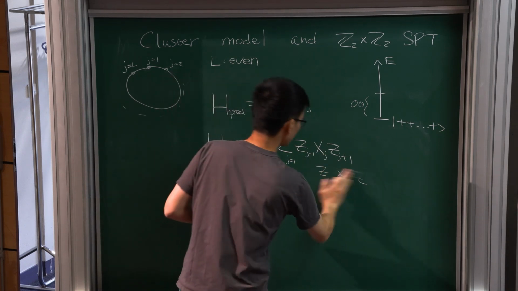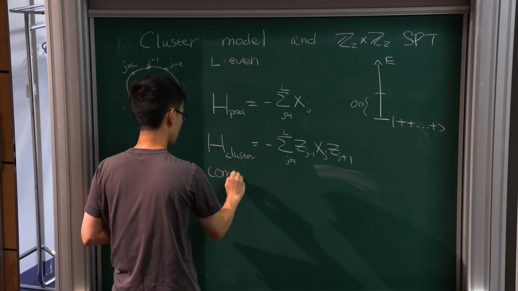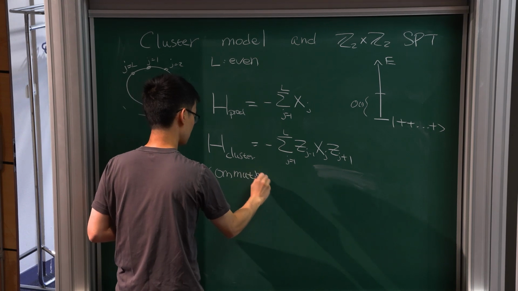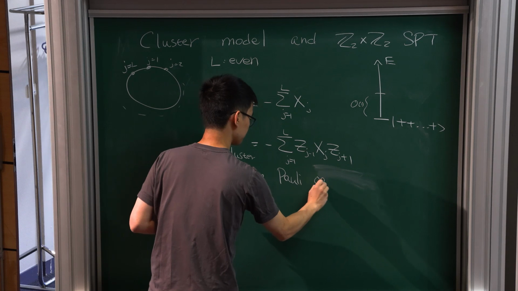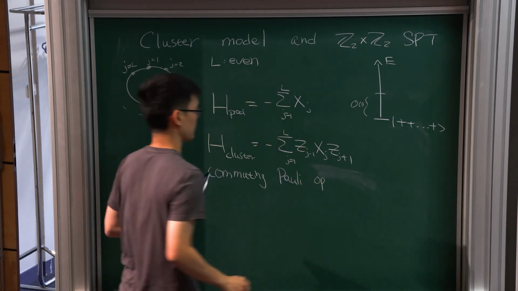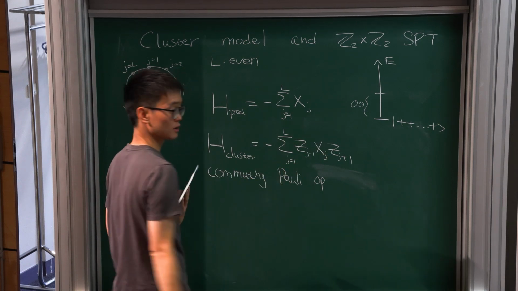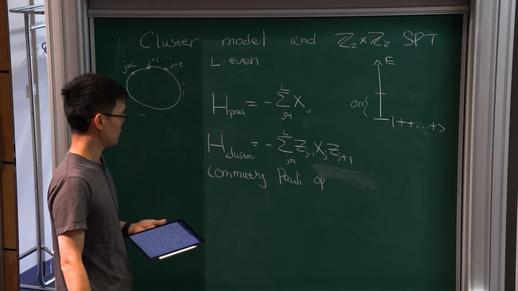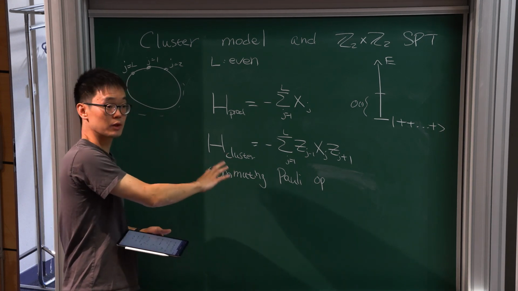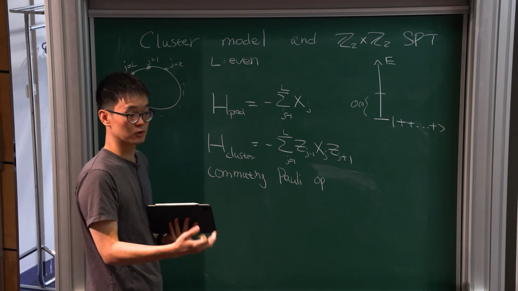So it's a Hamiltonian that is the sum of commuting Pauli operators. Pauli basically means that everything is made out of products of Pauli X and Pauli Z. And because you have L commuting Pauli operators, the ground state is very simple to solve.